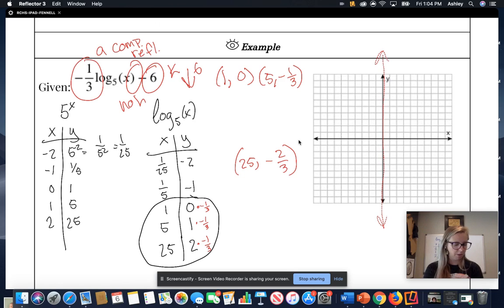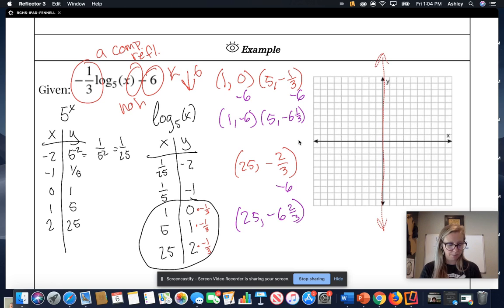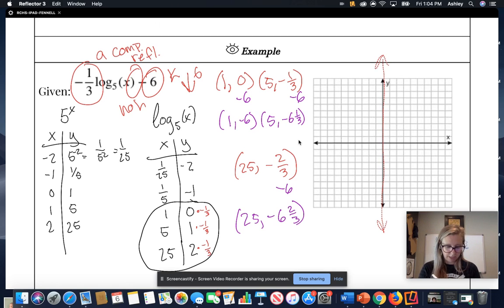So I am simply going to subtract 6, subtract 6, subtract 6. So now we have the point (1, -6), (5, -6 1/3), (25, -6 2/3). So I'm going to go ahead and graph these points. 1 over, 1 down 6.